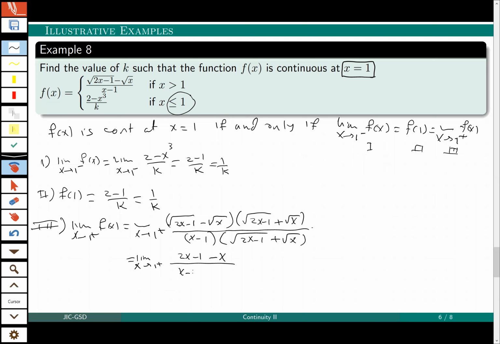So that will be x minus 1 times root 2x minus 1 plus root x. 2x minus x is x minus 1, divided by x minus 1 times root 2x minus 1 plus root x. So these will cancel. When you substitute 1, you will get 1 over 1 plus 1, which is 2. So it's 1/2.